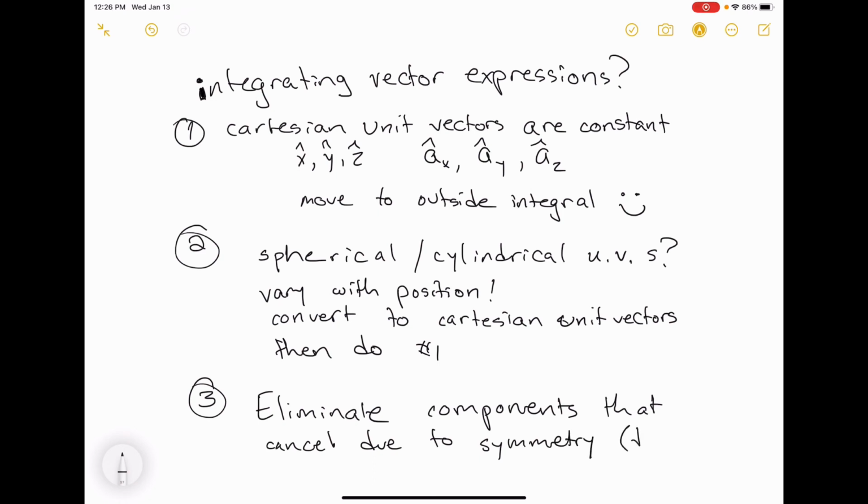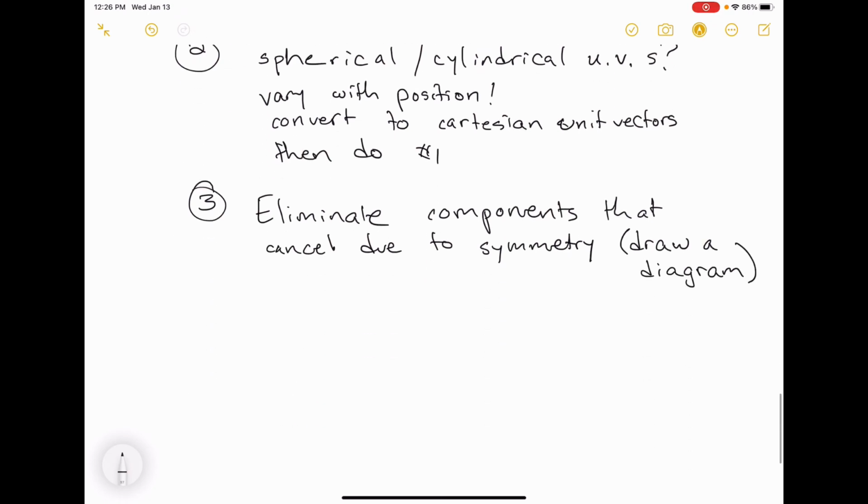Usually you just have to draw a diagram to figure out how to do that. But if you draw yourself a picture of the problem, like say for instance, let's say we have a finite length line charge. It's got some length L. And we want to know what its electric field distribution is just on this axis or on this plane.